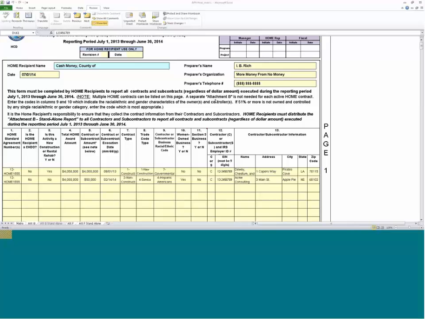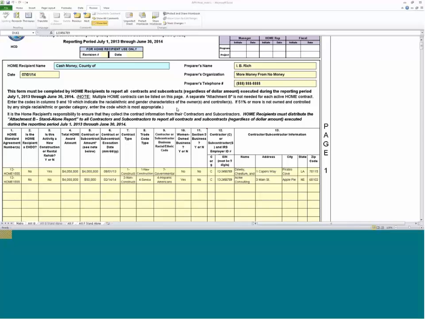So you can find out or have a little meeting to find out who has executed contracts during that period. And even if the project's been going on for a while, I do know that sometimes late in the process, contracts do get signed. So be diligent to that fact because HUD wants us to get all that information and record it.